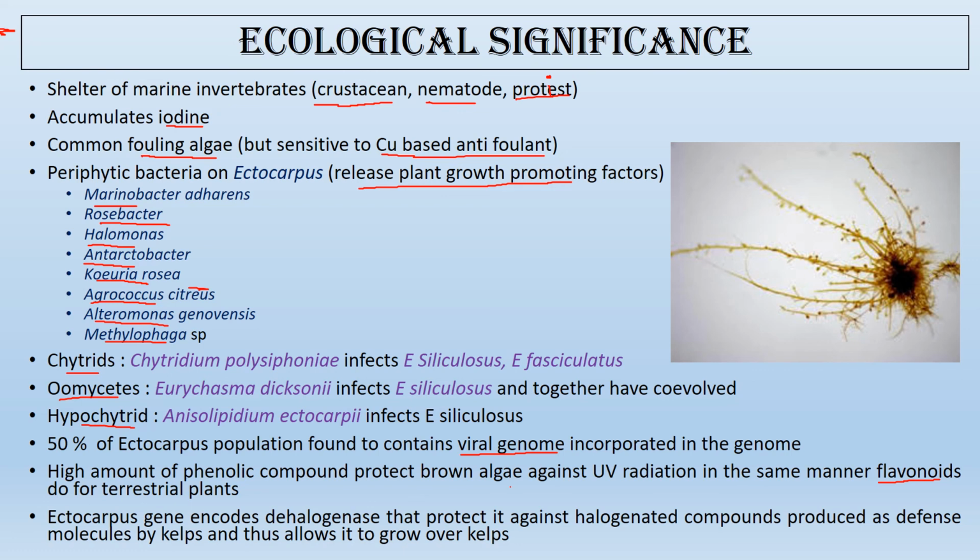It is encashed by humans, so it is economically important, as it is a source of flavonoids, a source of iodine, a source of many phycocolloids, especially alginate and fucoidan. So this is how Ectocarpus is of economic importance also.